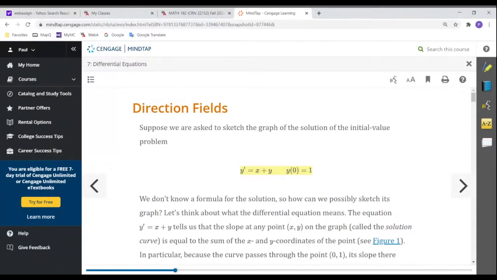But we still want to know what solutions look like. Well, one way to see what solutions or a family of solutions looks like for a differential equation is to look at something called its direction field.